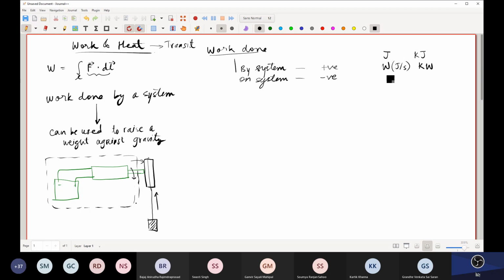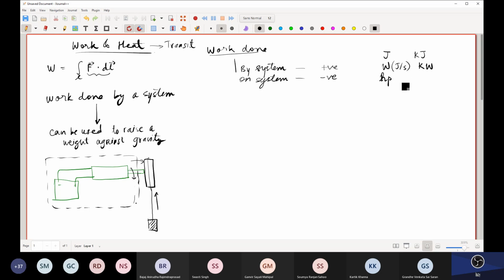And what is horsepower? Have you heard of the term horsepower? Horsepower is an English unit, and typically we will avoid using non-SI units in our work.